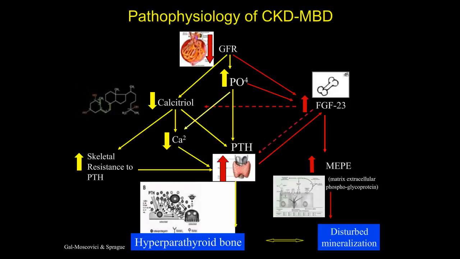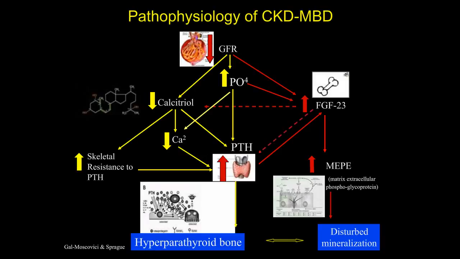In addition to what's happening in terms of parathyroid hormone, we now know that with decreasing GFR and phosphate retention, we get increases in the phosphaturic hormone fibroblast growth factor 23, or FGF23. FGF23 is also a potent inhibitor of calcitriol production by inhibiting the 1-alpha hydroxylase.